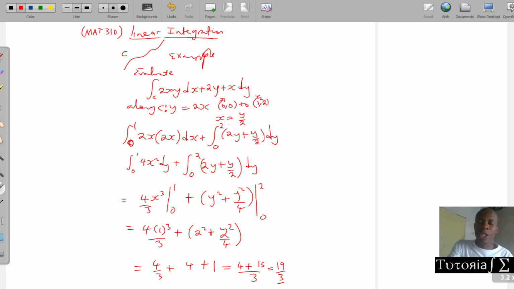The second category is where we have ds, and the third category is where we have dr. The second and third categories are where we need to learn parameterization. But where we have dx and dy, like here, we just replace y in the equation so that on one side it is uniform and on the other side it's uniform, then we integrate respectively.